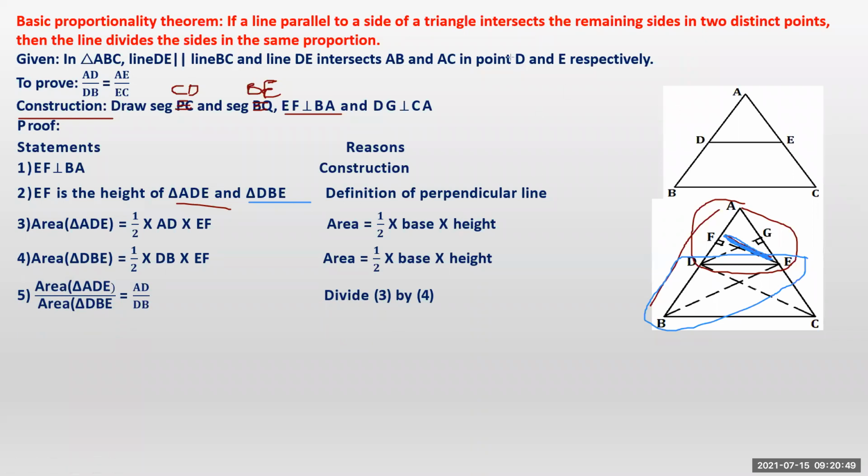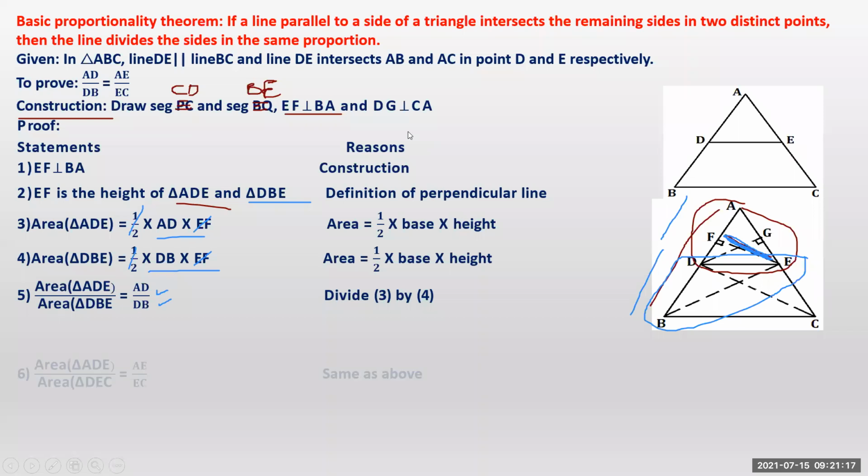Now what are the bases of the triangle? It is AD upon DB. So area of triangle ADE equals half AD into EF, and half DB into EF. So EF and EF get cancelled off, half and half get cancelled off. You will be left with AD and DB.